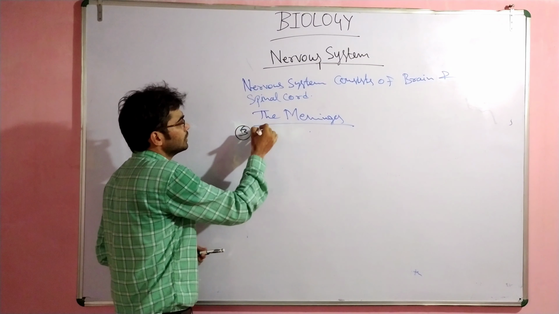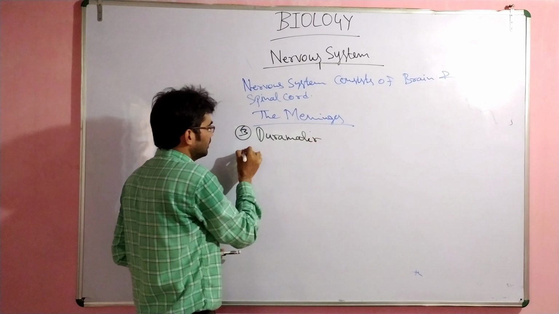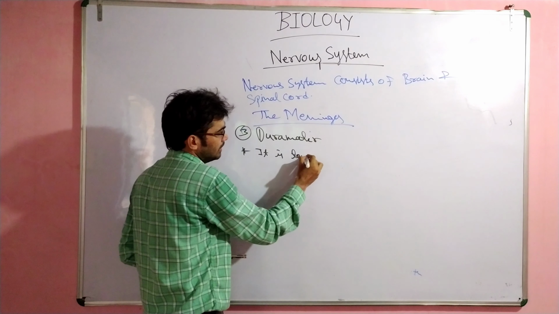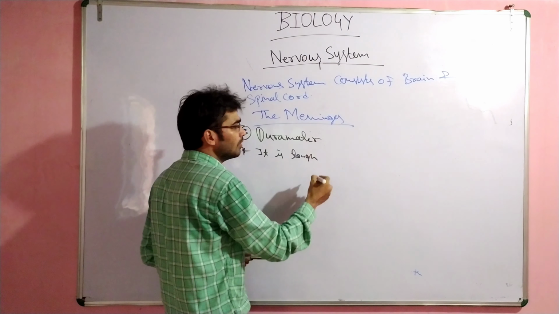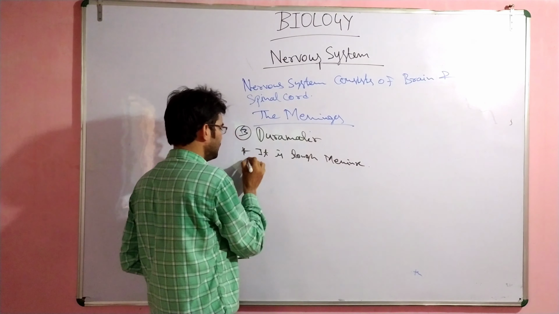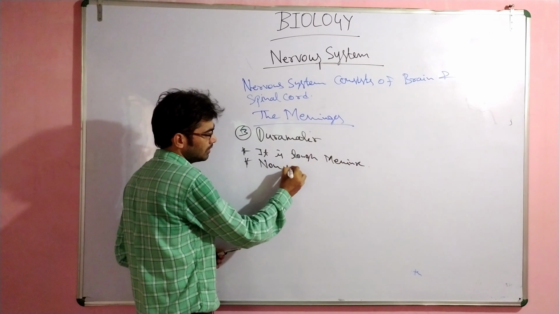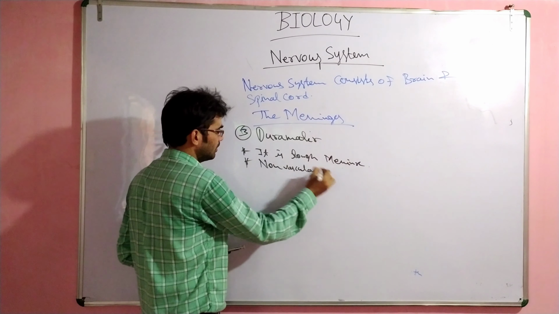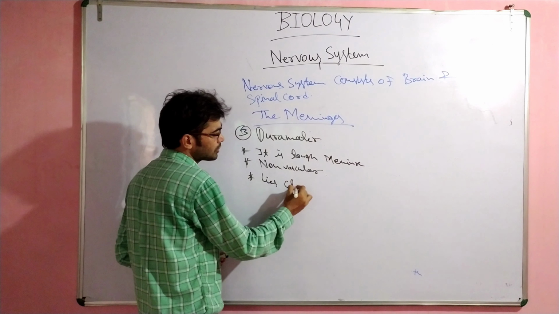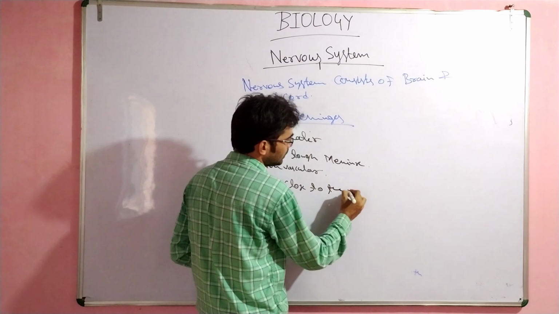The third one is dura mater. It is toughest. It is tough meninges. Non-vascular. Lies close to the cranium.